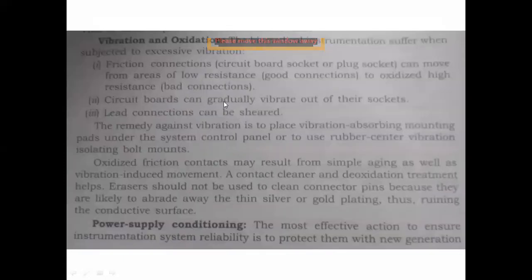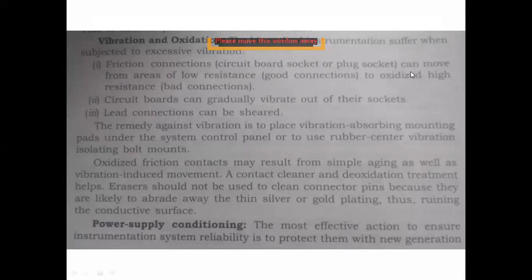And the next one is vibration and oxidation. So these are also very important. Vibration means the equipment or the intercurrent equipment will have certain friction connections.